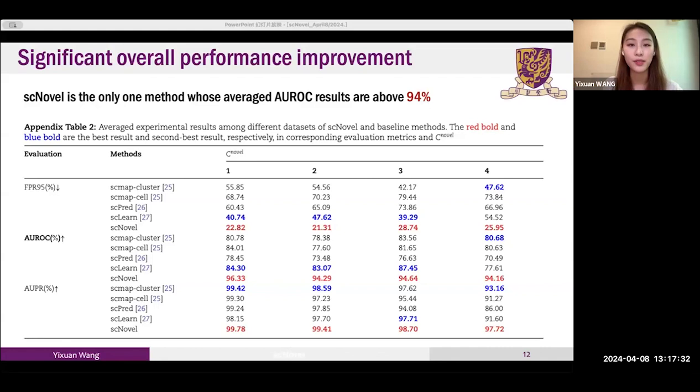Here, scNovel represents the number of novel classes, and we can see that scNovel reached the best performance across all evaluation metrics. Also, it is the only method whose average AUROC values are all above 94%.